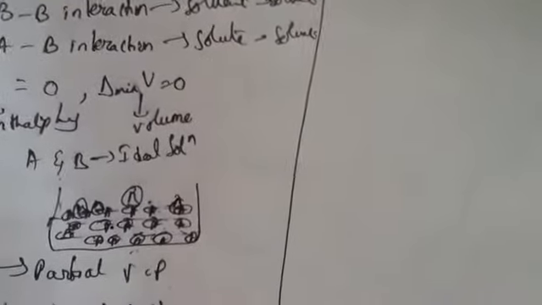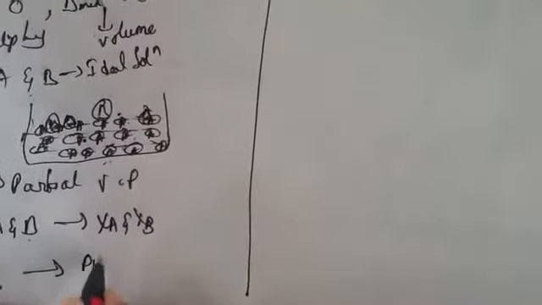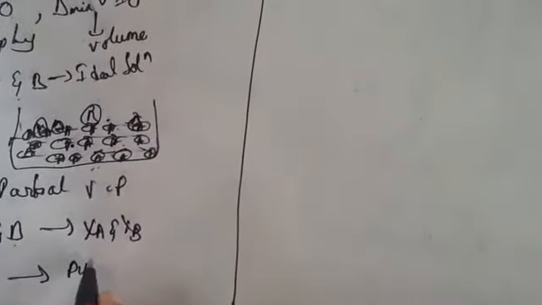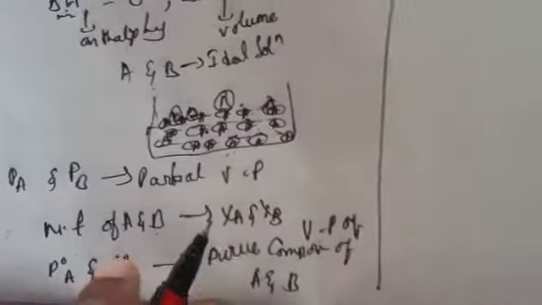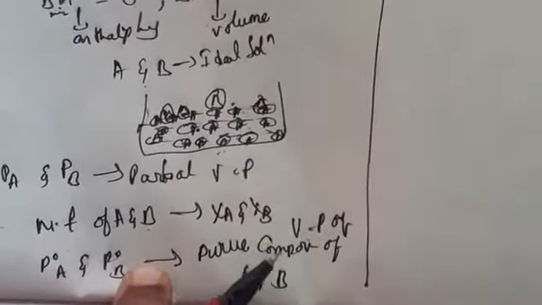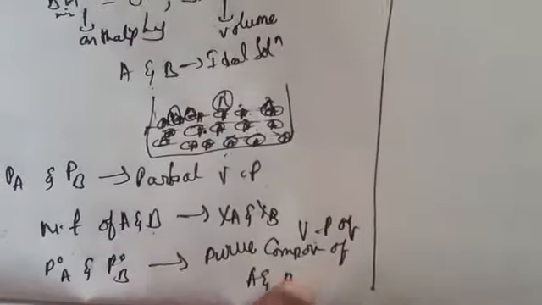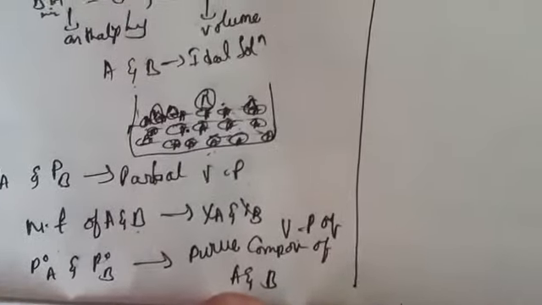P naught A and P naught B indicate the vapor pressure of the pure components A and B.